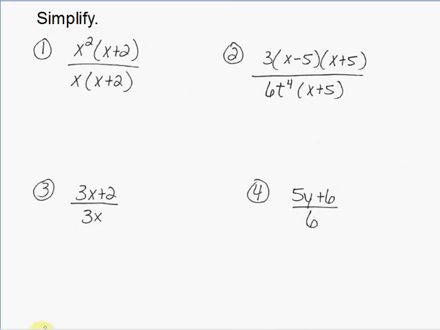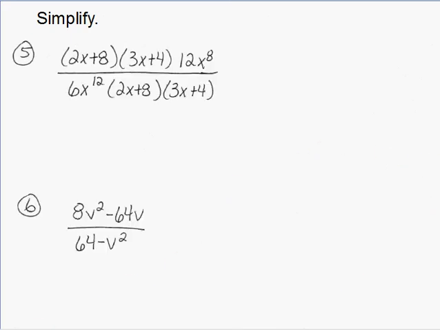So let's go ahead and take a look at the last two questions here and do a little simplifying. In number 5, I have 2x plus 8, which I can cancel out. I also have 3x plus 4, and I don't have to do this at this point, but I'm going to rewrite the problem so that it's a little easier to see what I'm working with.